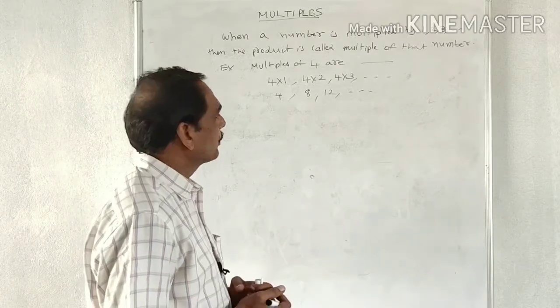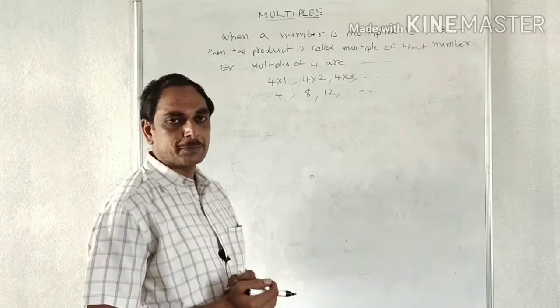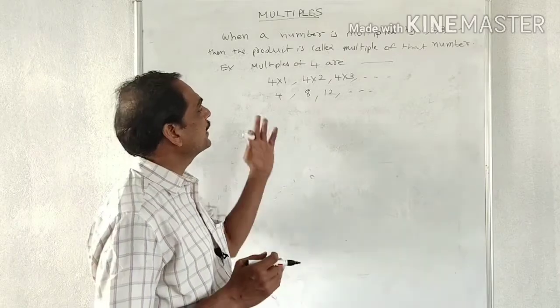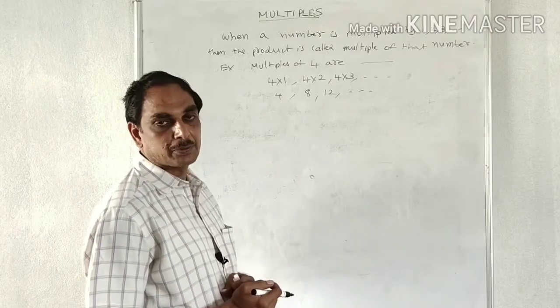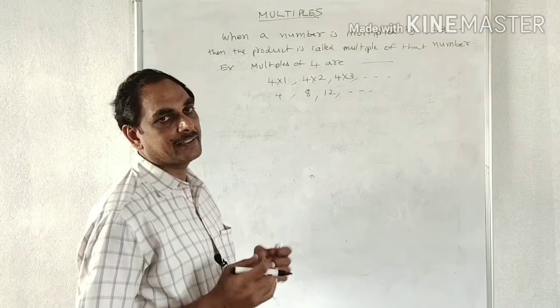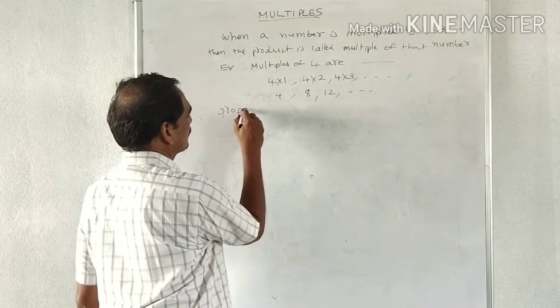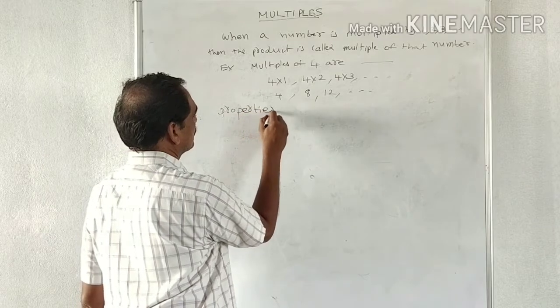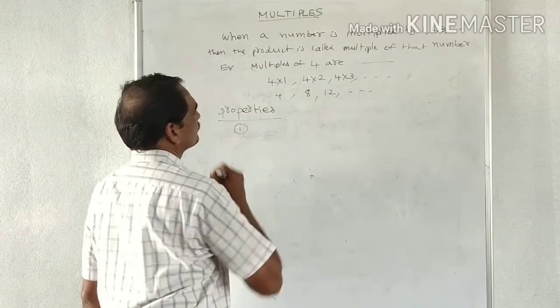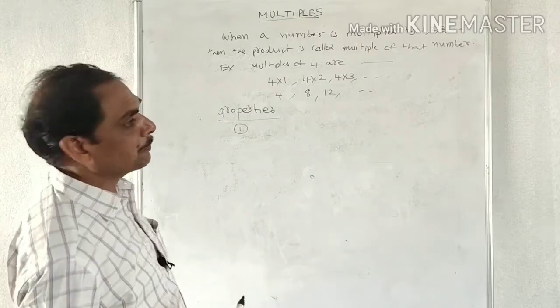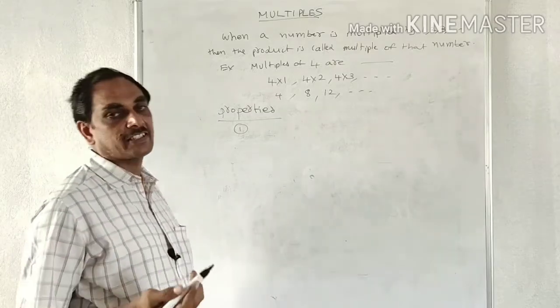Next, properties of multiples. By observing these multiples of 4, we can write the properties. Number 1: every number is multiple of itself.